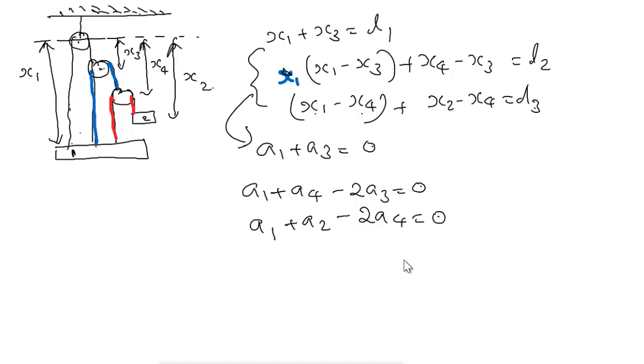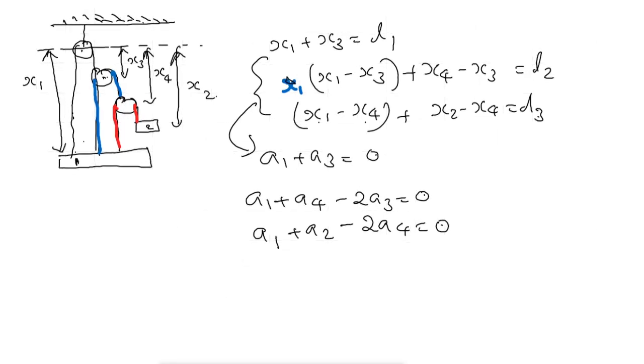While we are solving these three equations, a1 plus a3 equals 0, how will we solve? Instead of a1, I can write it as minus a3, so a1 equals minus a3. The second equation I can write as minus a3 plus a4 minus 2a3 equals 0.